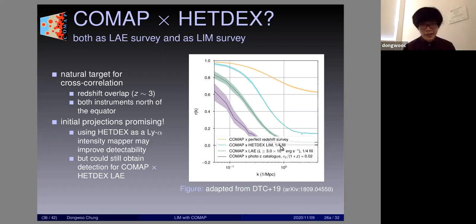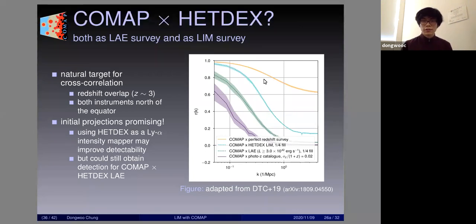And that could improve the detectability of cross-correlation between CO and Lyman alpha as probed by CO map and HEDDEX. But you would still obtain a fine detection for CO map cross-correlating with Lyman alpha emitters. There is some attenuation, obviously, for a variety of reasons. However, it is not nearly as severe as the attenuation of the signal you get from photometric redshift errors.